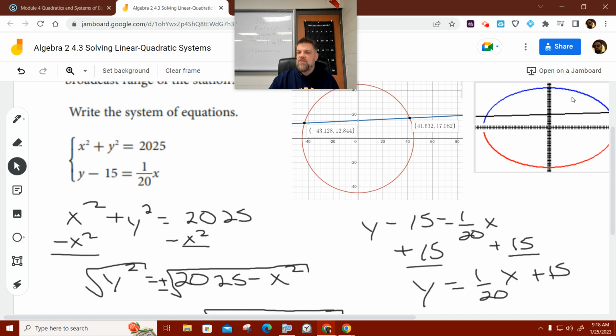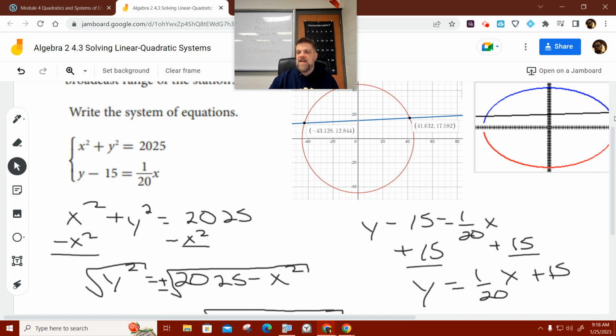Now, the only thing I had to do differently on the TI calculator is we had to split up the circle by solving for y, because your TI calculator only lets you, well, there are other ways to do it, but in high school and in an Algebra 2 class, we split it into y equals a positive square root and y equals a negative square root.